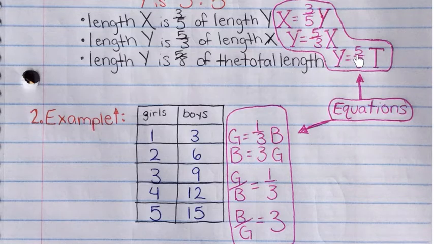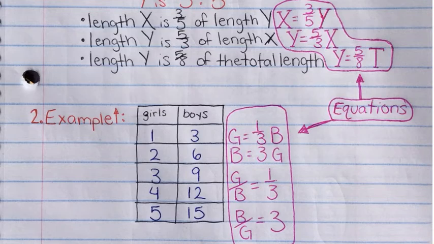Y is 5/8 of the total. All we're doing is taking these words and turning them into math figures. Now you should be pretty used to that because that's mostly what we do when we do word problems, is we change the words into math numbers that we can use.